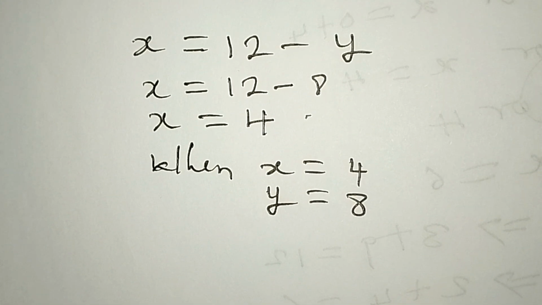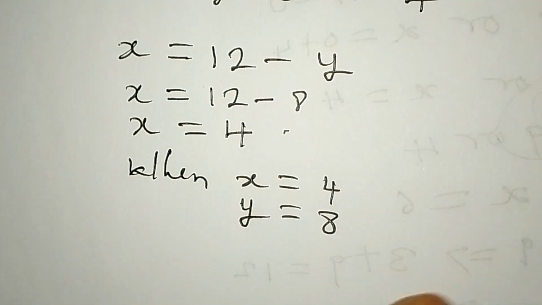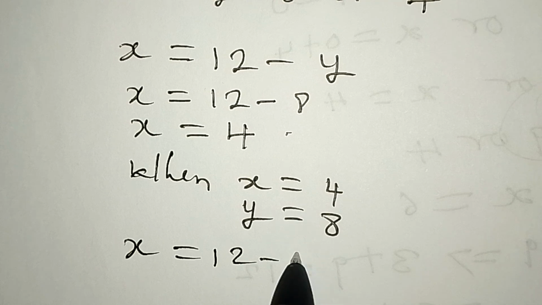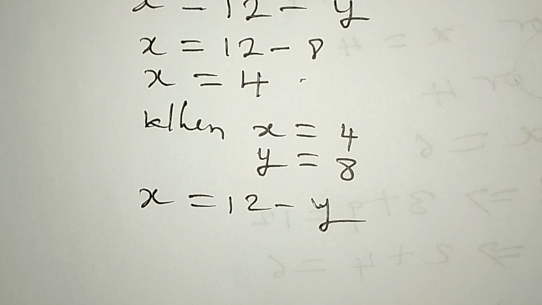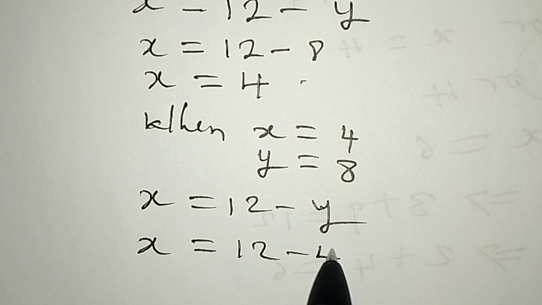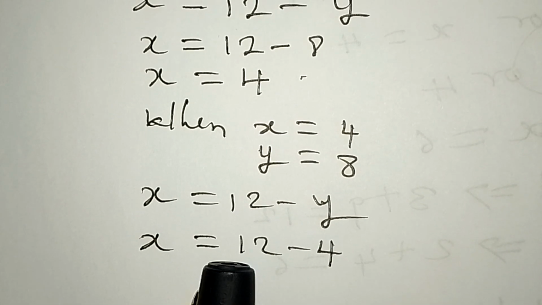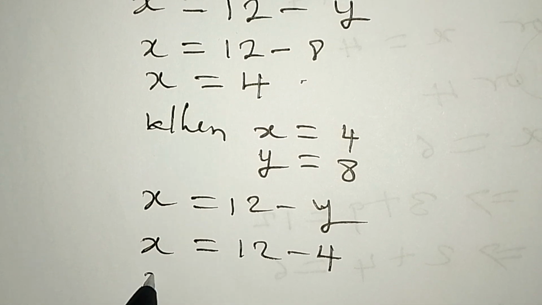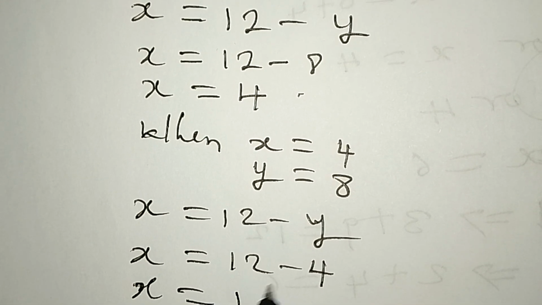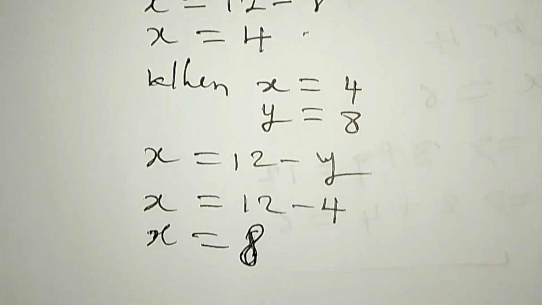Now let's go back again and put in the value of y as 4. So the equation x equals 12 minus y will now be x equal to 12 minus 4, because this time around y is 4. So x will be equal to 12 minus 4, which is 8.